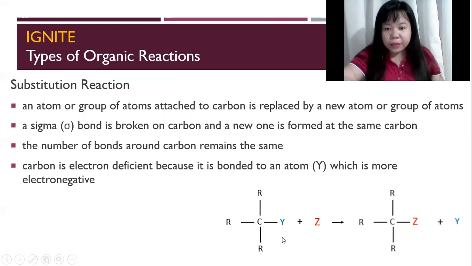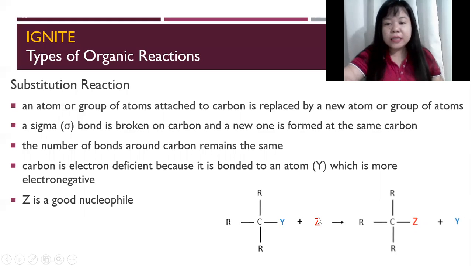So in this reaction, carbon is electron deficient because it is bonded to an atom represented by Y, which is more electronegative. So Y is more electronegative compared to carbon, therefore it pulls the electrons towards itself.